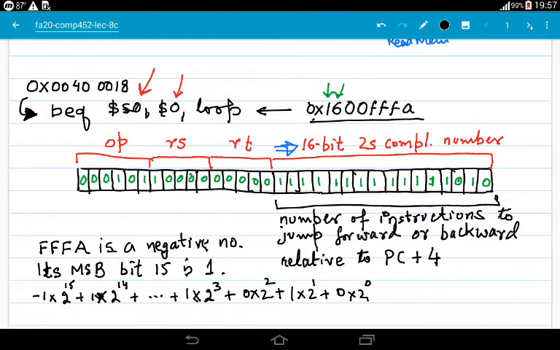Now if you calculate the value, it will come out minus 6.